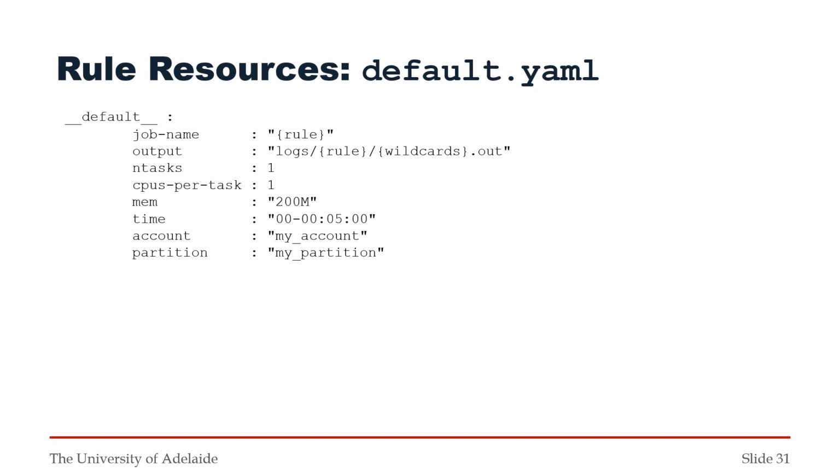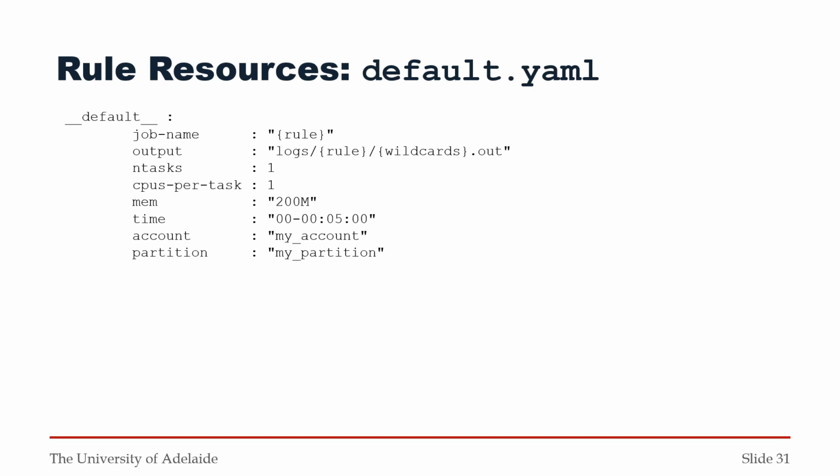So to take a look at this file, it looks like this. Default here says to Snakemake that every rule will get this set of values by default unless otherwise overridden. So here we can see that the number of CPUs per task is set to 1, the memory requirement is 200 megabytes, and we've got 5 minutes required for each job.